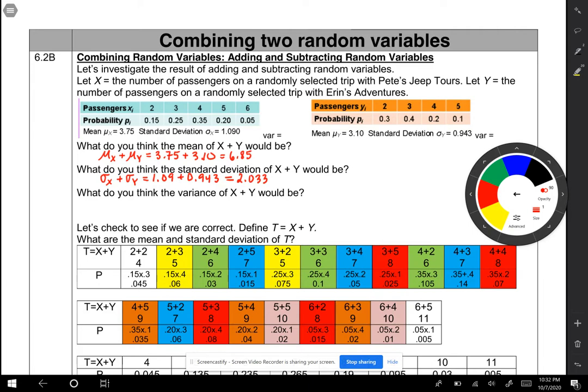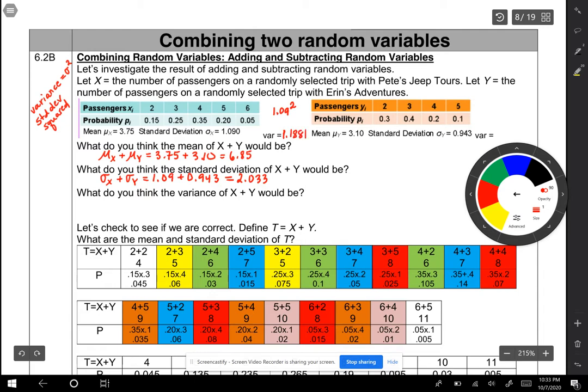And what do you think the variance of X plus Y would be? We haven't touched a lot on variance, just barely in chapter 1, I believe. But variance is the standard deviation squared. So we take that 1.09, square it, and that gives us 1.1881.